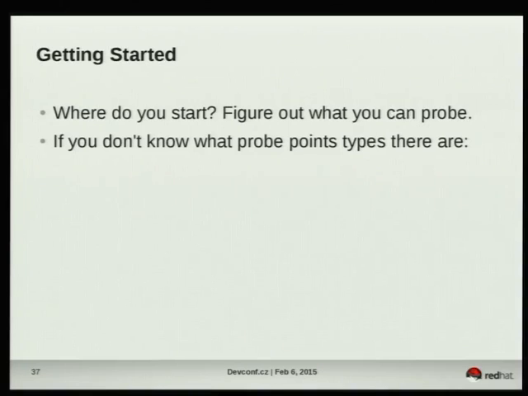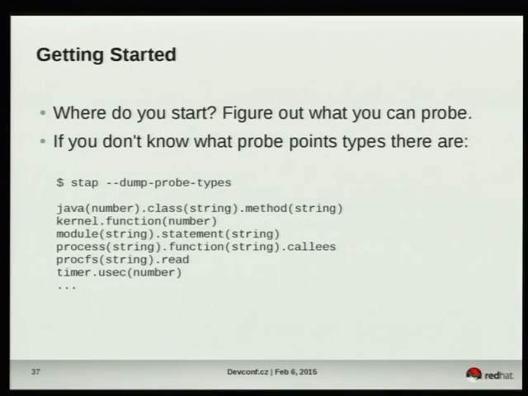You can also figure out what types of probes there are by dumping the probe types, that quick command. It'll give you a full list, but it's things like kernel statements and functions or user space programs, netfilter, statically defined trace points, and you'll get a full list. We also have basic Java probing functionality in there.